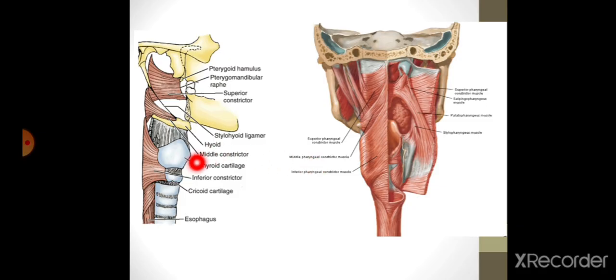So again, the muscles of the pharynx are divided into 3 constrictors and 3 longitudinal. The 3 constrictors are superior, middle, and inferior. The 3 longitudinal muscles are salpingopharyngeus, palatopharyngeus, and stylopharyngeus.